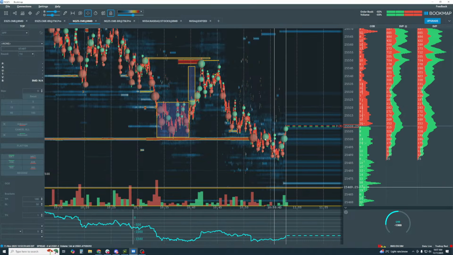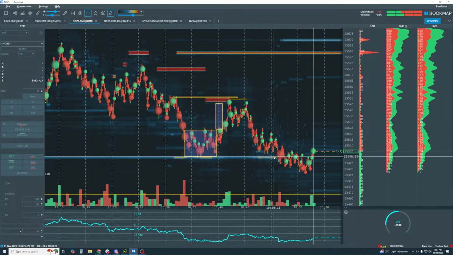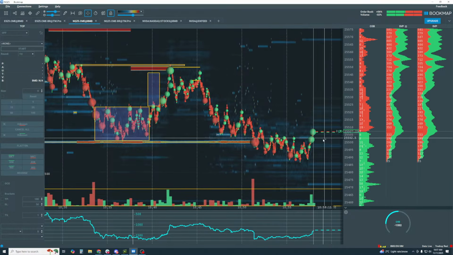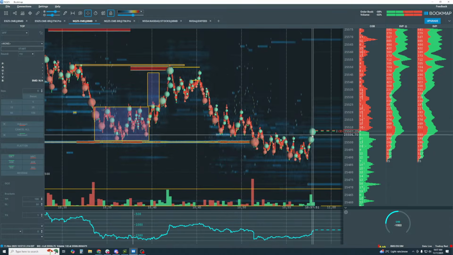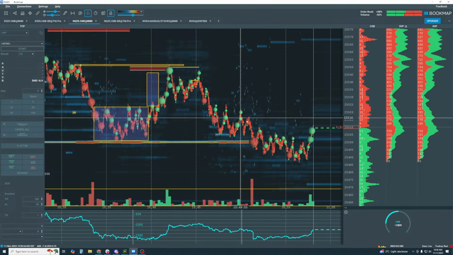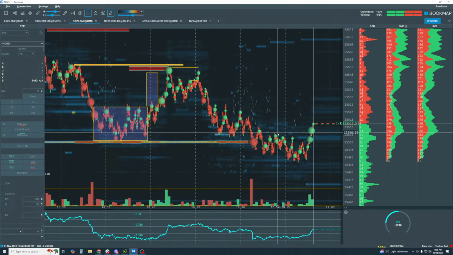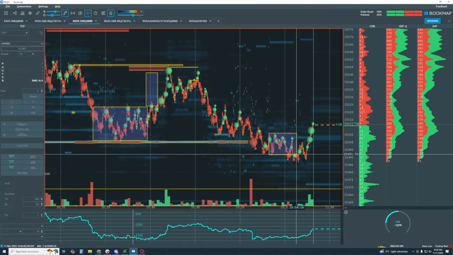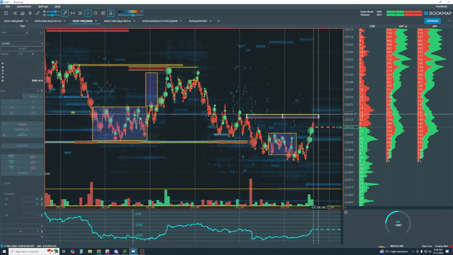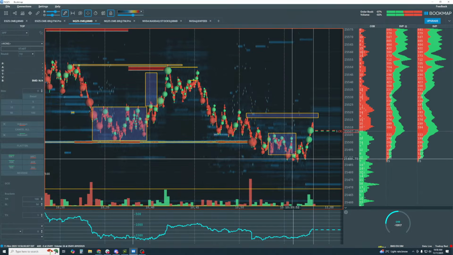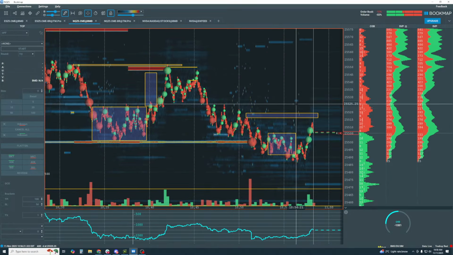Okay, well, now we've come down, we went below the figure here, and we're starting to find some buyers. It's good buying, so it's pretty strong. So where are they going to take it? And can they start to break some of these structures in here? Now, they just broke this structure here. Let's see if they can trade up to this one here, around 18 to 20.